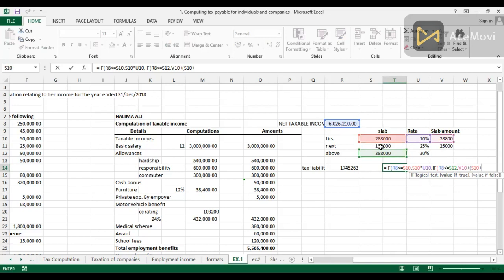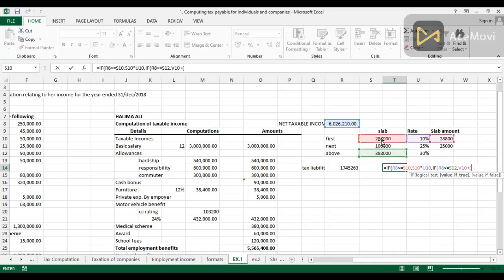Plus, sorry. So I've taken this slab plus slab 2 minus slab 1. So it's minus. Sorry, so it's if the value is true, I want to take this one plus into bracket.